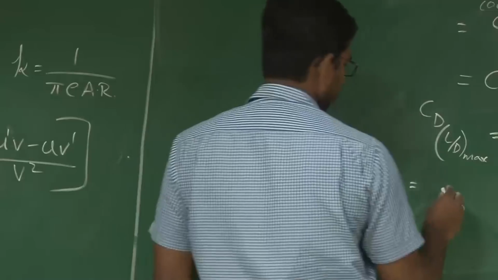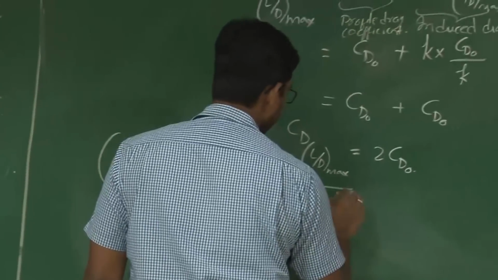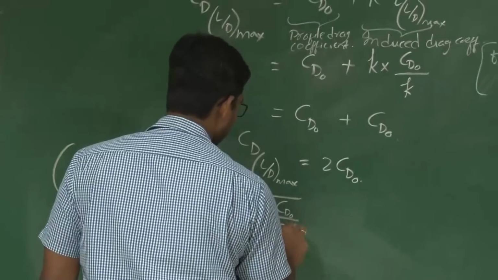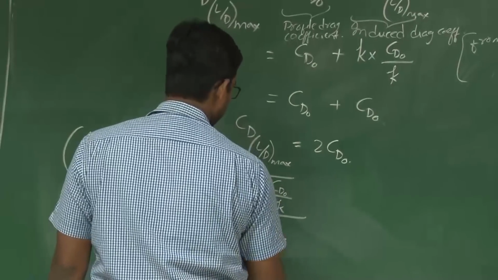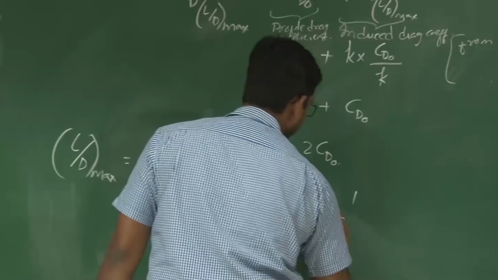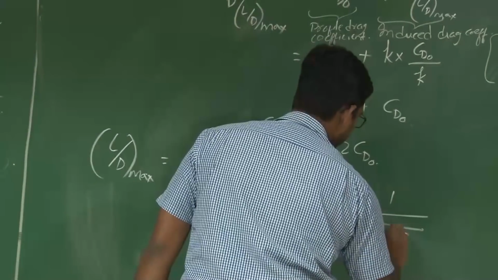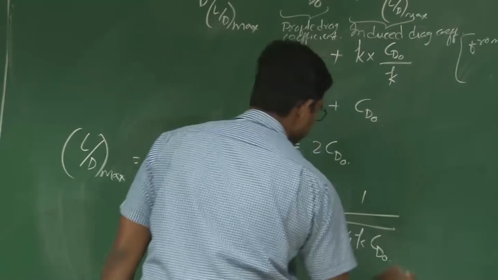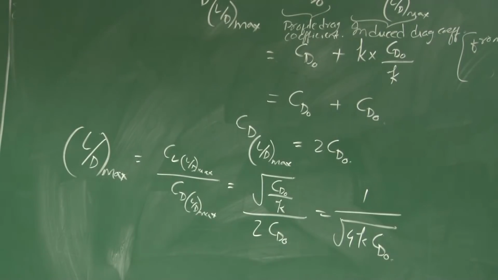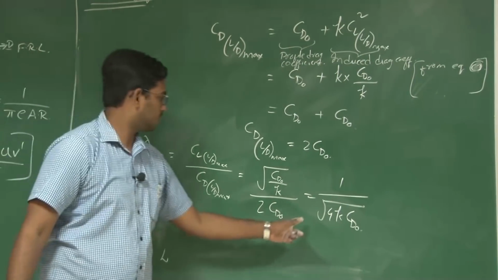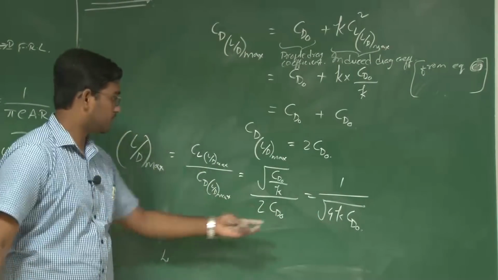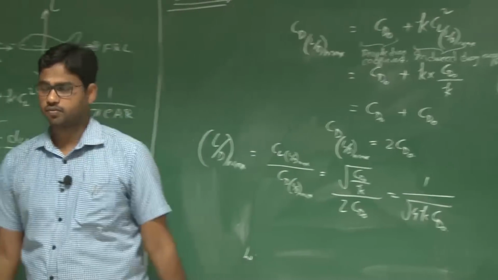This equals square root of CD naught by K divided by 2 CD naught. This is equal to 1 by root over 4K CD naught. You see here, L/D max is 1 by root over 4K CD naught.